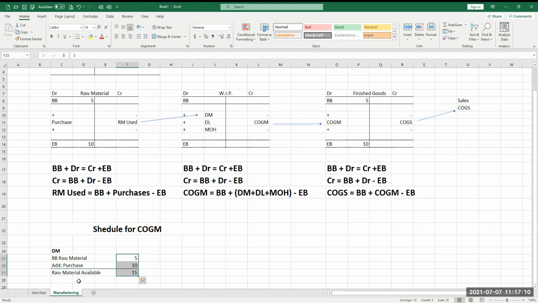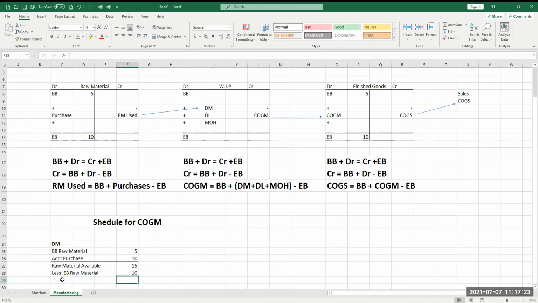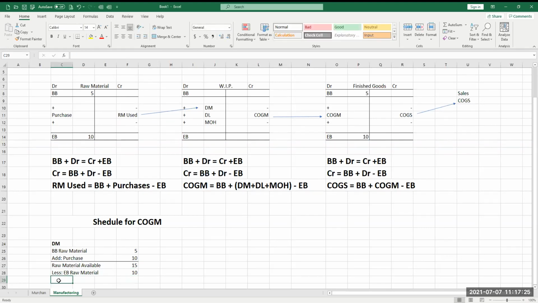Then what do we have to do? We have to deduct, less the ending balance on the raw material, which in our case is 10. So how much is the direct material used?